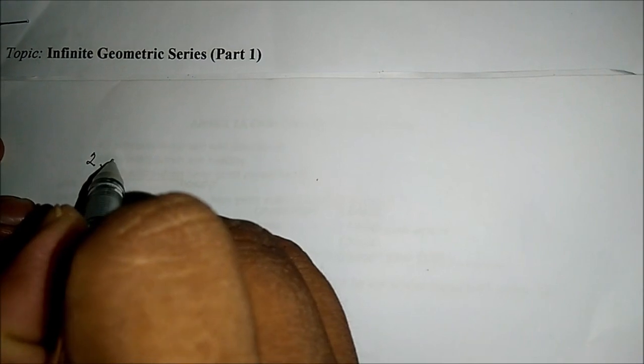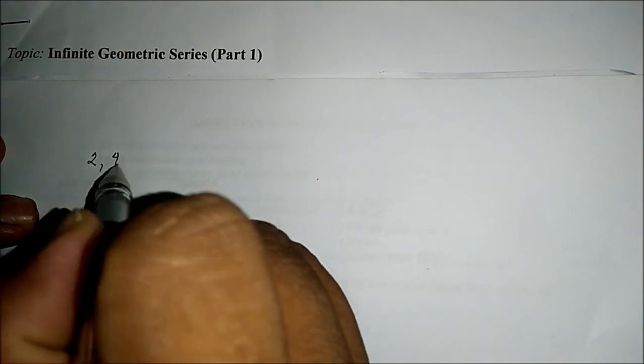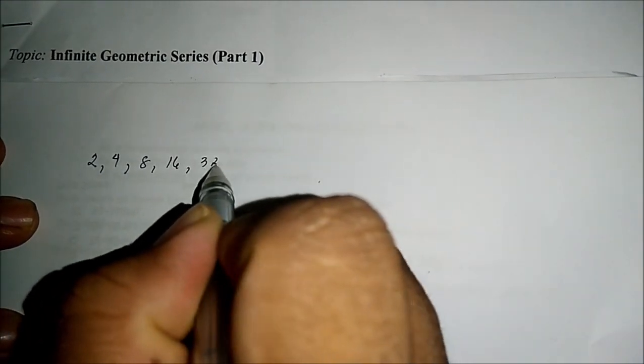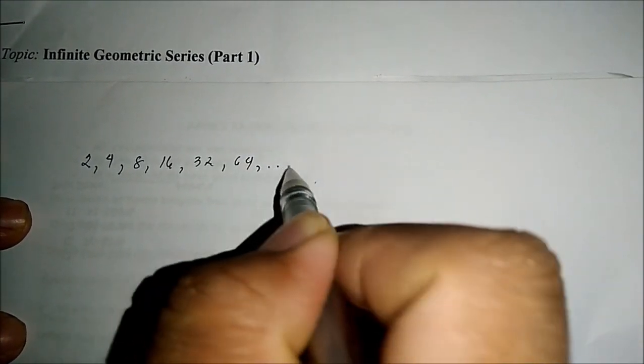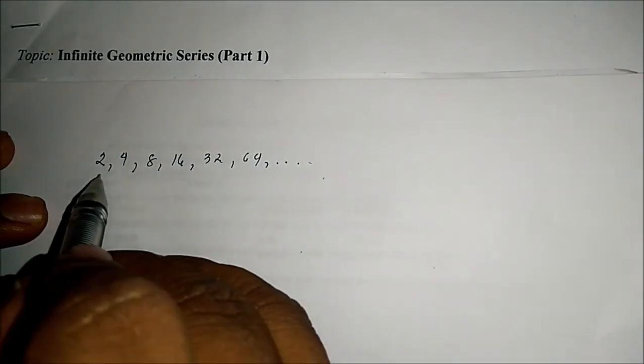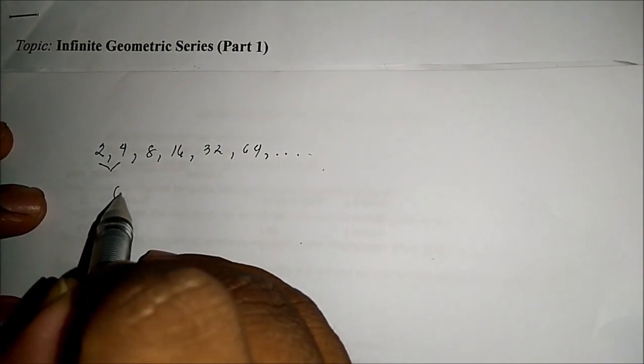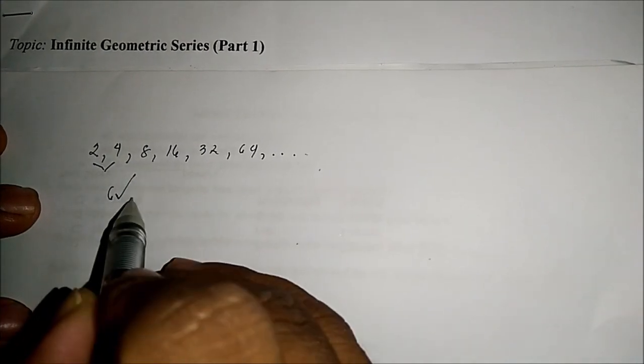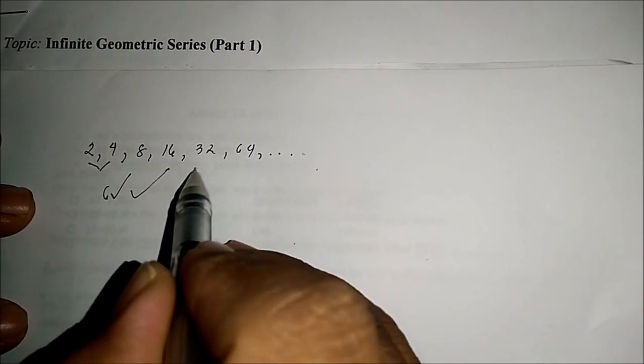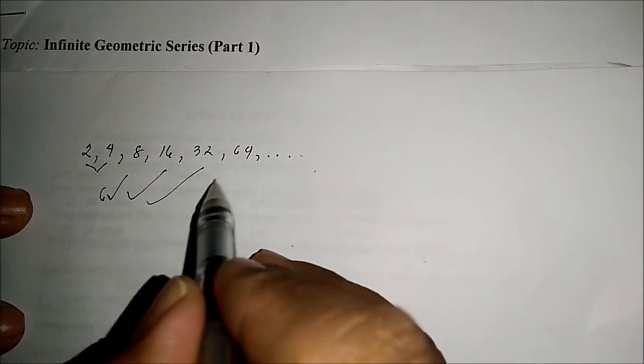So let's find out. So halimbawa, 2, tapos 4, tapos 8, 16, 32, 64, and so on. So pag kinuha mo yung sum, no, 2 plus 4, 6, plus 8 is 14, plus 16 is 30, plus 32 is 62.